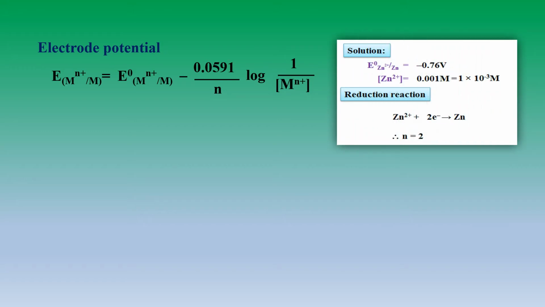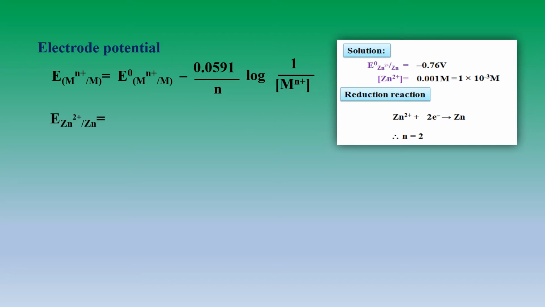We have the E naught value, minus 0.76, and we have the concentration of Zn2+, 0.001 molar, that is 1 into 10 to the power minus 3 molar, and the n value is also given. So substitute all these values in the equation. The E naught value is given, the n value is 2, and the concentration of Mn+ is 1 into 10 to the power minus 3 molar.